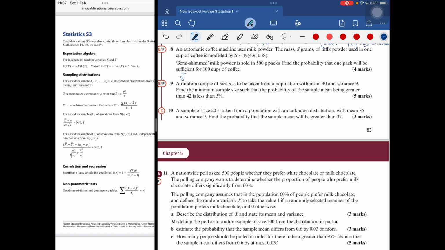So S mean follows a normal distribution with mean 4.9 and standard deviation 0.8 over square root of 100. So this will be the distribution. And we want to find the probability that S is sufficient. This is 500, now 5. Sufficient means 5, like larger than or equal to 5, it doesn't matter.